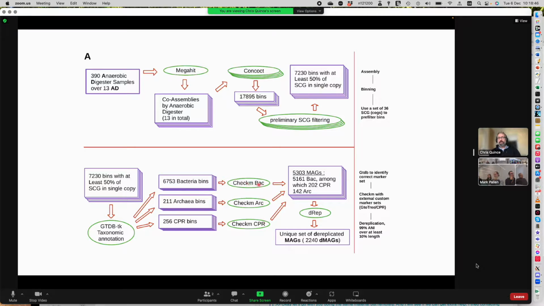So we had a separate core gene set for bacteria, archaea, and then the candidate phyla radiation, a particular group of bacteria with very small genomes which have atypical core genes. That meant we could use more core genes and get more reliable predictions of bin quality, and on that basis we ended up with 5,000 MAGs across the reactors, which we then de-replicated because there was some sharing of MAGs across reactors, to get our total set of 2,000 or so MAGs.